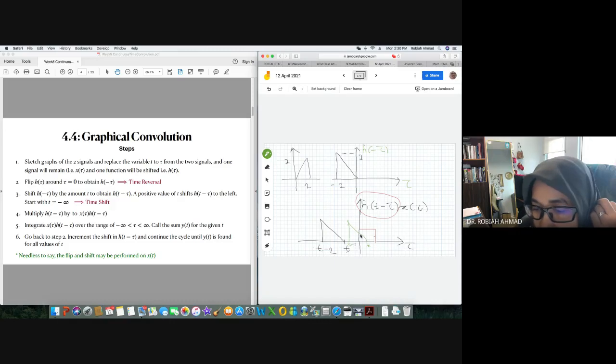Okay, so there are conditions when these two functions will overlap, and this overlapping yang kita nak kirakan dia punya Y. So Y will have a few conditions. First, mula-mula tak ada overlap until this h(t minus tau) reaches 0, and then afterwards dia akan start overlap with the square.